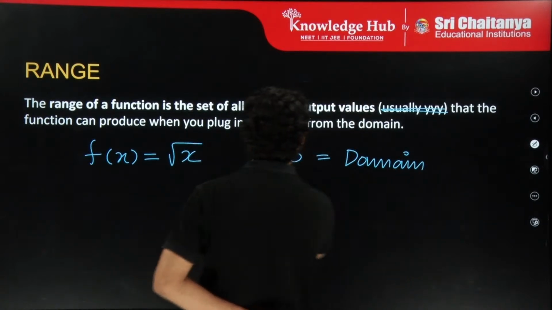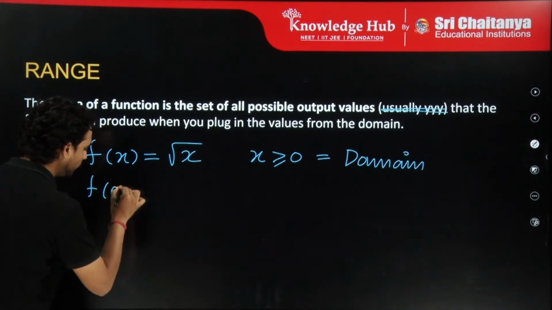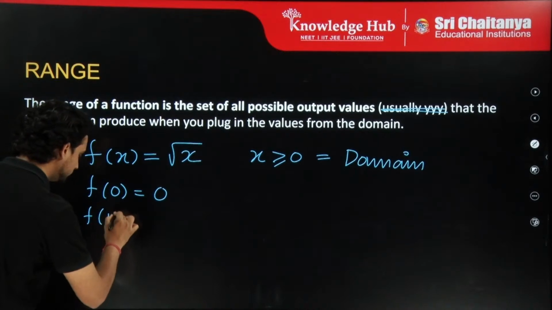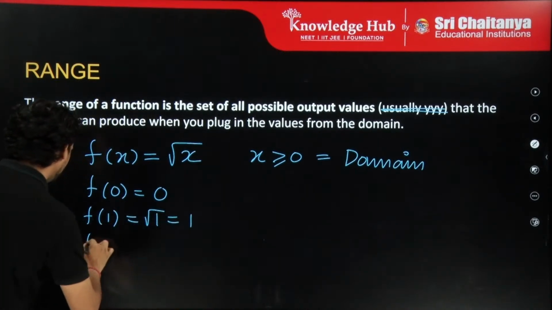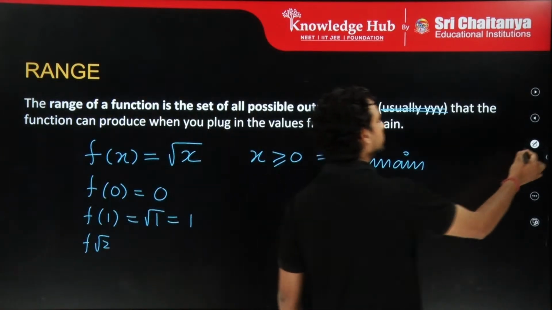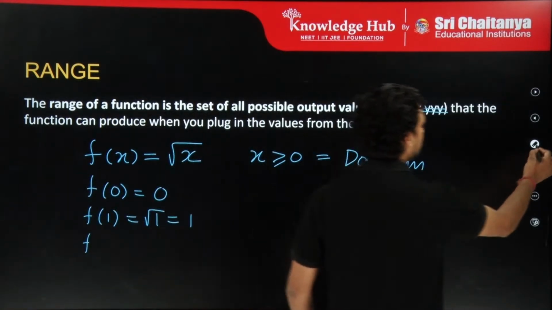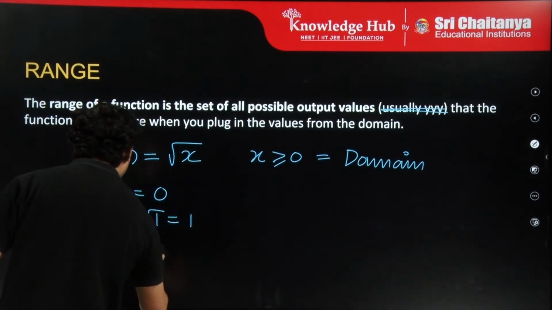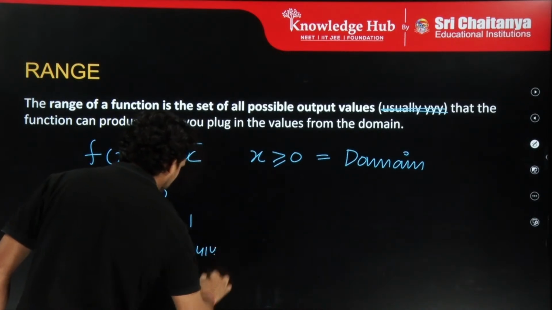So now what are the possible values I can get? Let's say I put the lowest number, that is f of 0, I'll get 0. I'll put f of 1, I'll get root 1 is equal to 1. If I put x equals to 2, what do I get? I'll get root of 2, that is 1.414.